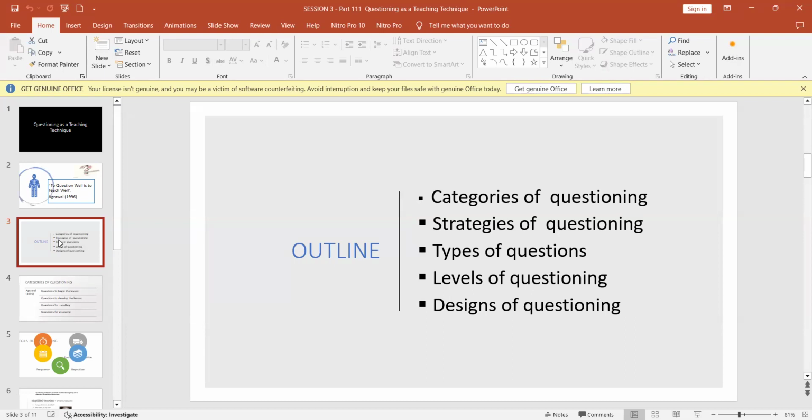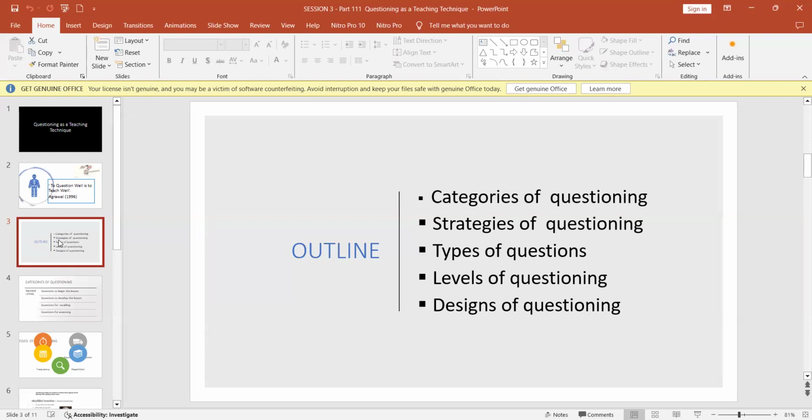Types of questions that the teacher can ask. Levels of questioning and designs of question. So we are going to discuss questioning as a teaching technique under 5 subtopics: categories of questioning, strategies of questioning, types of questions, levels of questioning, and designs of question.